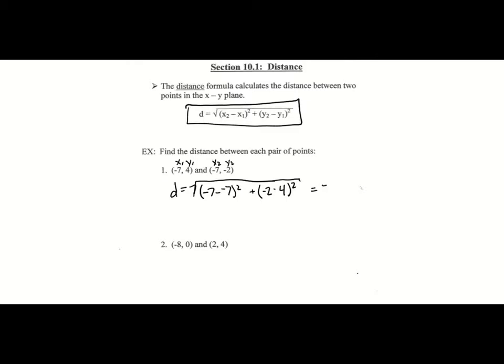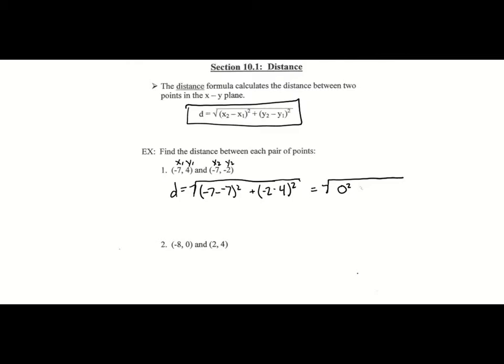If we simplify this a little bit before we plug it in, it makes it a little easier and you're less likely to make a mistake. If we have -7 minus a -7, that gives us 0.